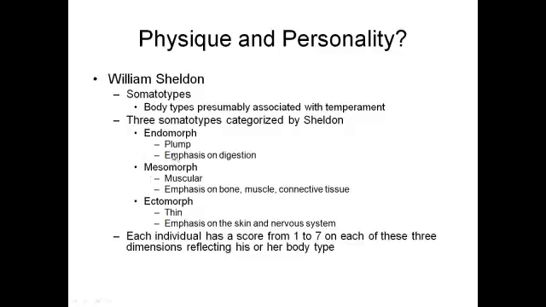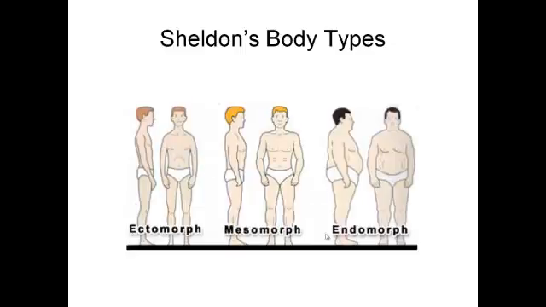And the ectomorph is thin, emphasizing the skin and nervous system. An individual would score between 1 and 7 on each of these three dimensions. Realize, of course, that whenever you're putting people into categories, you're missing out on something. So really, the idea is that everybody has some of all of these.